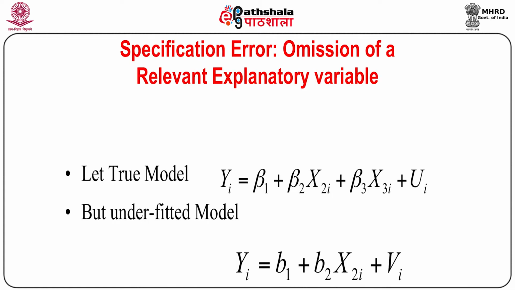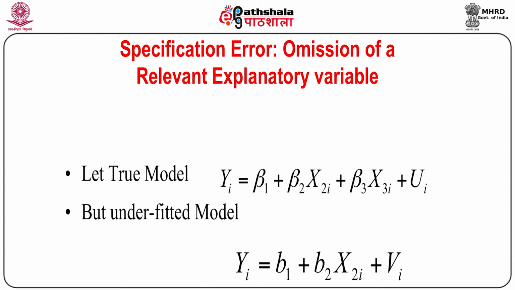Now let me start with the discussion about omission of a relevant explanatory variable. Now let the true model be yi equal to beta 1 plus beta 2 x2i plus beta 3 x3i plus ui, but somehow we have not included x3i.